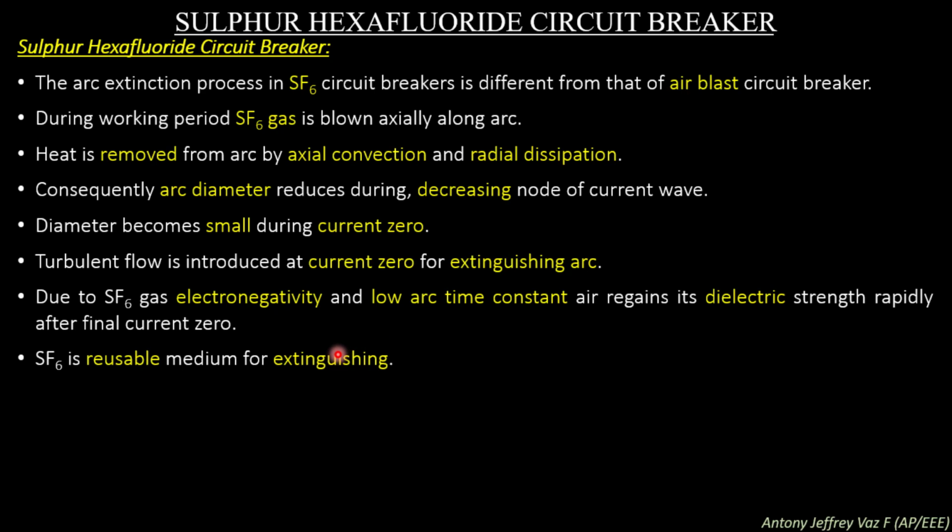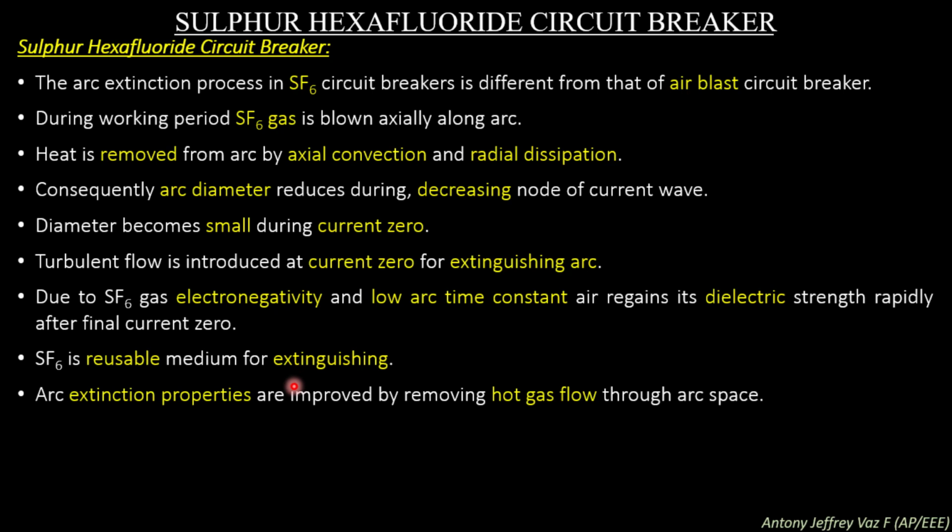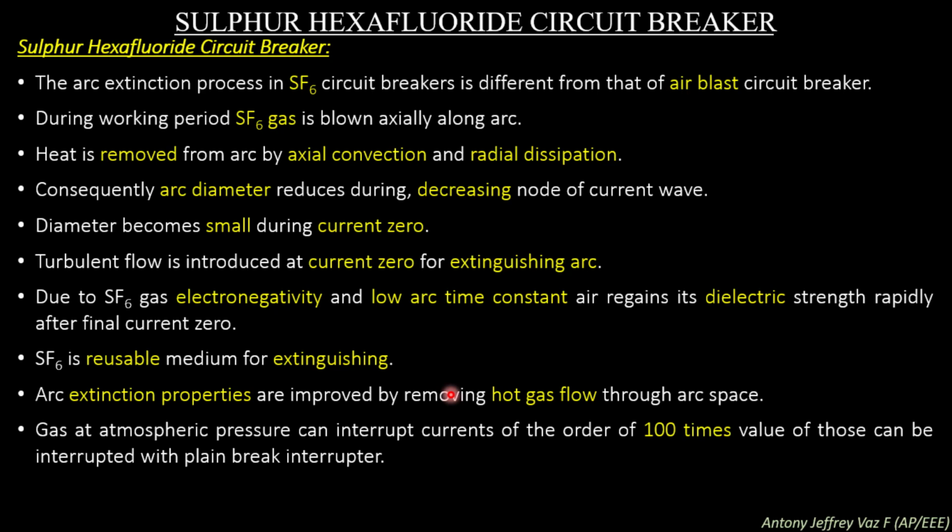SF6 gas is a reusable medium, and it can be used for extinguishing the arc. Arc extinction properties are improved by removing hot gas flow through the arc space. The SF6 gas is a very good conductor of heat, and it will remove the heat content of the arc.